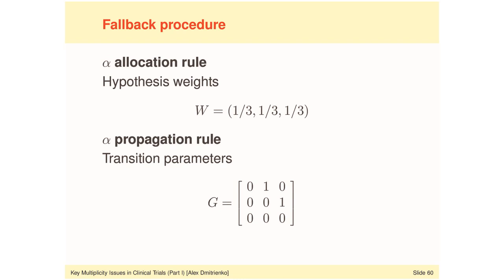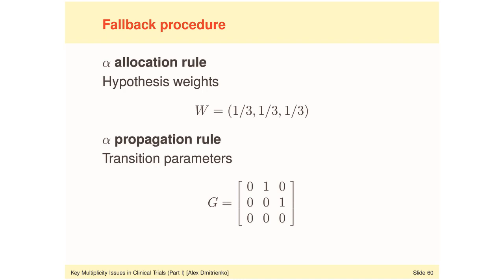We're now going to switch from SAS implementation issues to R implementation issues, and we will begin with the implementation of the fallback procedure. We will use the adjust p-values function from the Mediana package. And this function treats the fallback procedure as a special case of chain procedures.